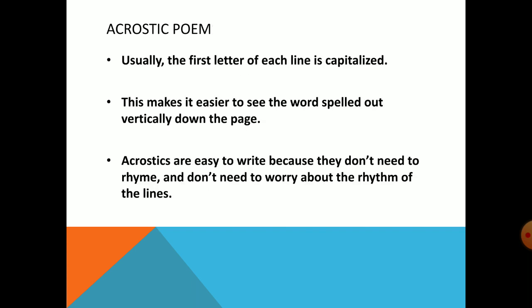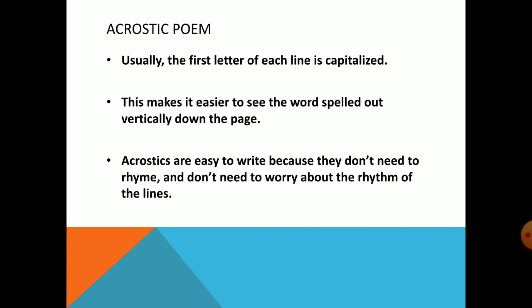Sometimes the first name of a friend. Then usually the first letter of each line is capitalized. To make it easier for you to understand, that first letter must be capitalized or bold. This makes it easier to see the words spelled out vertically down the page. You can also write it vertically, not horizontally. I'll give you the example later.